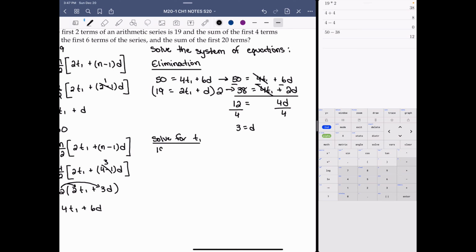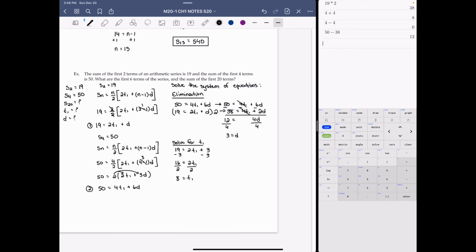So 19 equals 2t1 plus d, which is 3 we just determined. And solve for t1. Subtract 3. 16 equals 2 times t1. Divide by 2. 8 equals t1.